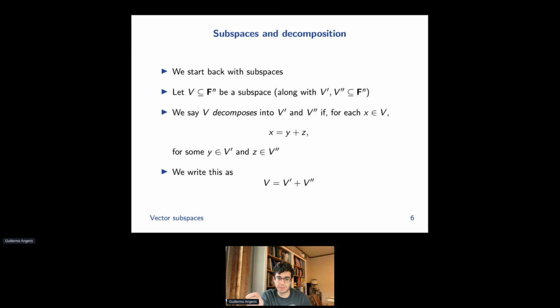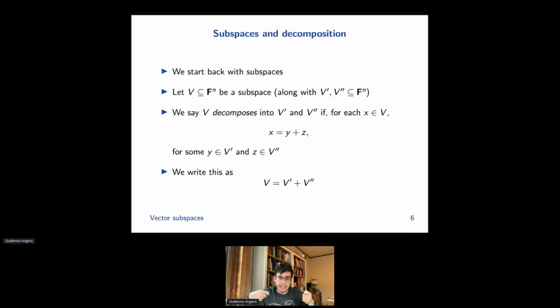So parse this quite carefully, right? What we're saying is we take a vector x, which is in V, and then any x can be written as a sum of two vectors, one of which is in V prime and one of which is in V prime prime, right?